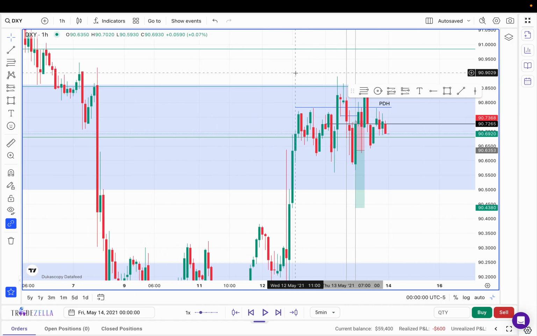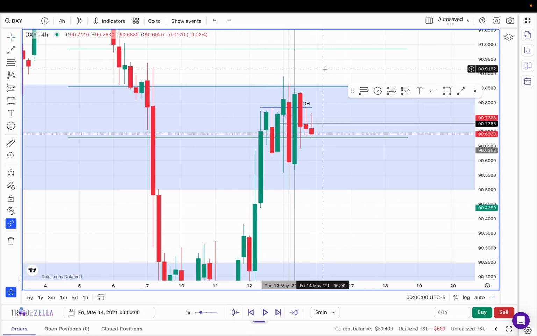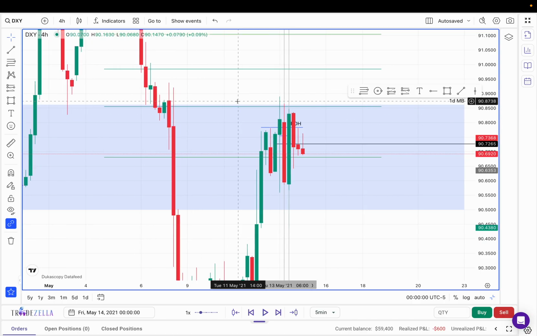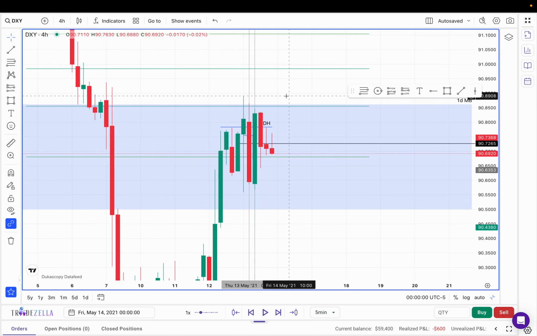But given this, this is a 1 day imbalance, and the mitigation block, it could well be an institutional order flow internal, which is basically a rejection from a fair value gap. So it didn't make sense for both directions, but I was still leaning a bit towards bullish.